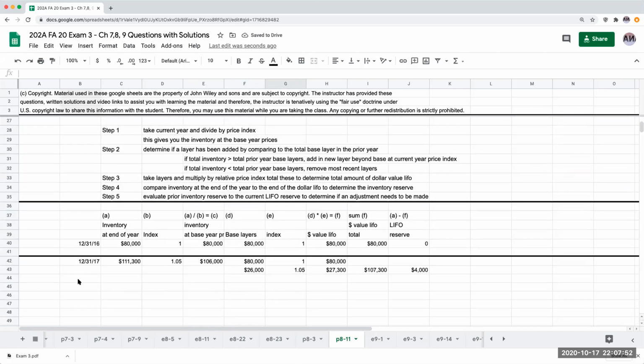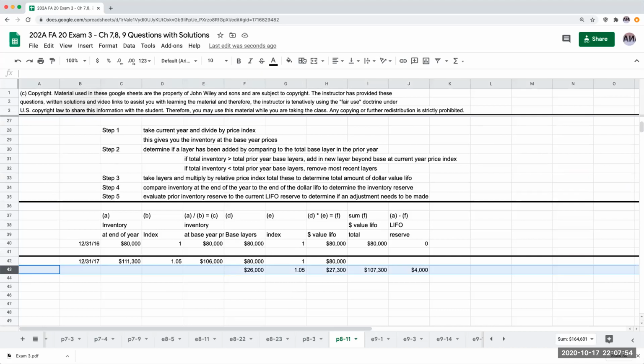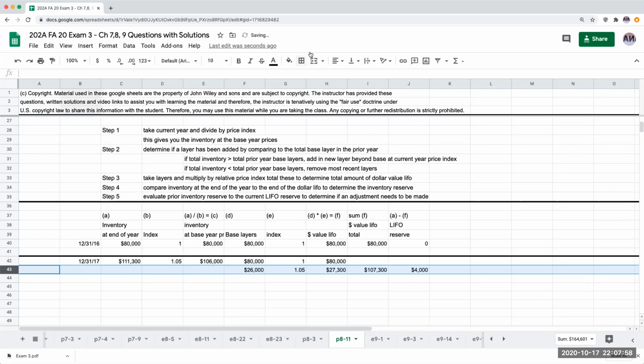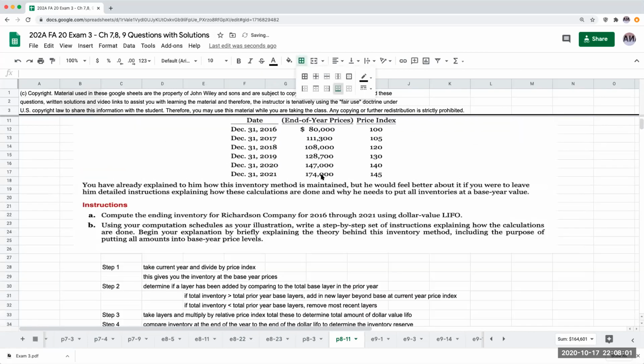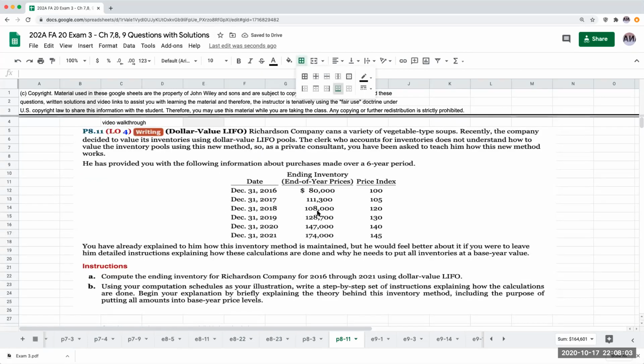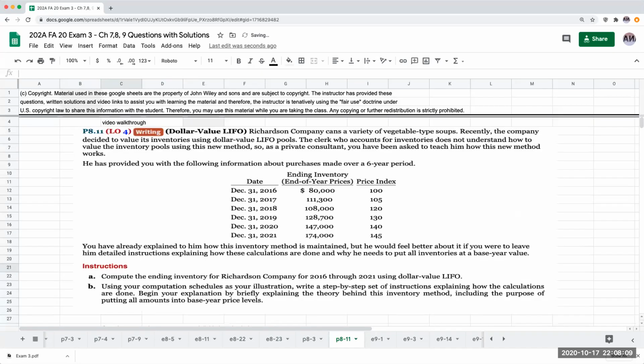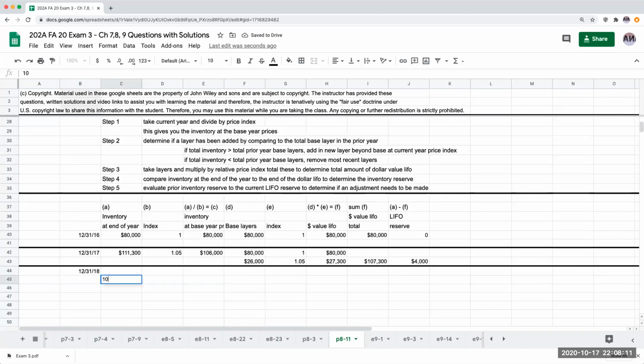So let's now go to 12/31/18. I have 108,000 at 1.2. So I definitely am eating into some of my layers here.